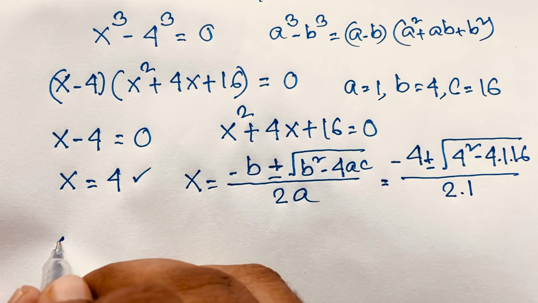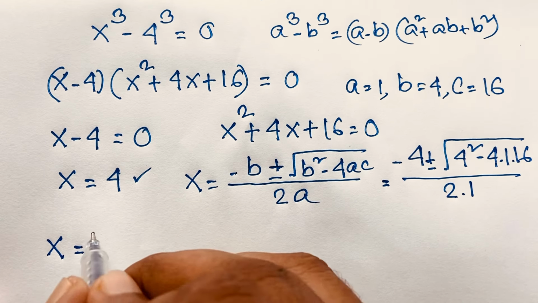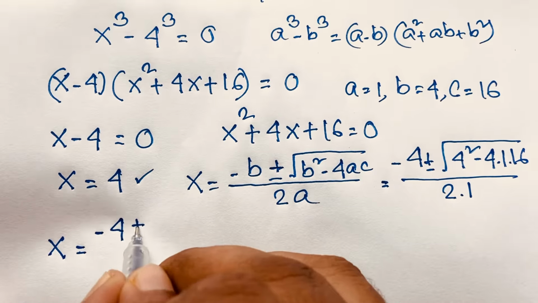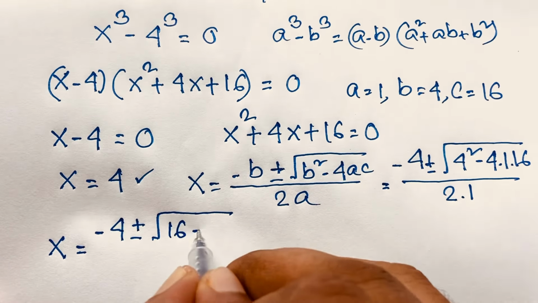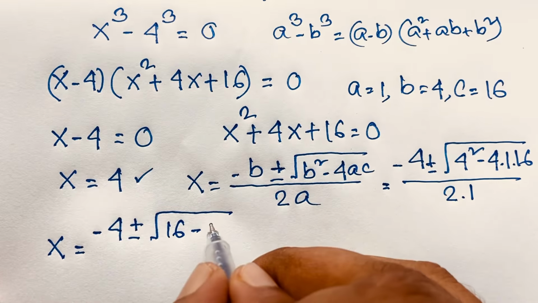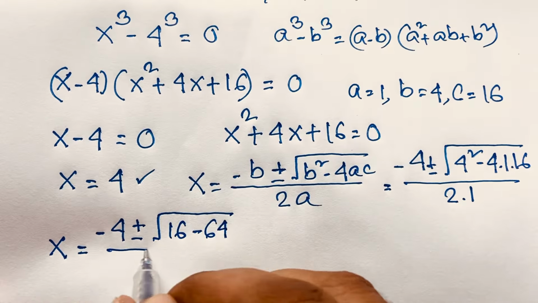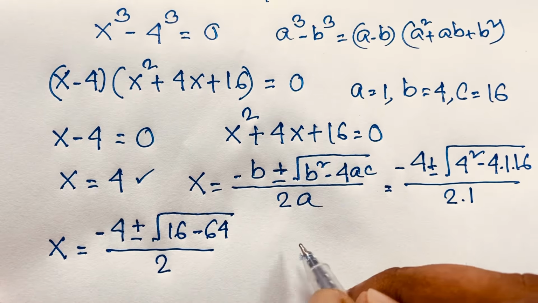Then here x is equal to minus 4 plus or minus square root 4 square, it will be 16, minus 4 times 16, it will be 64, over 2 times 1, it will be 2.